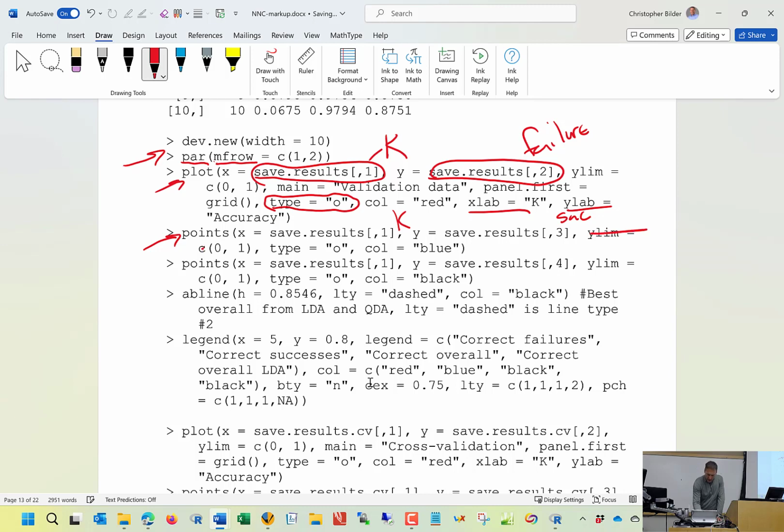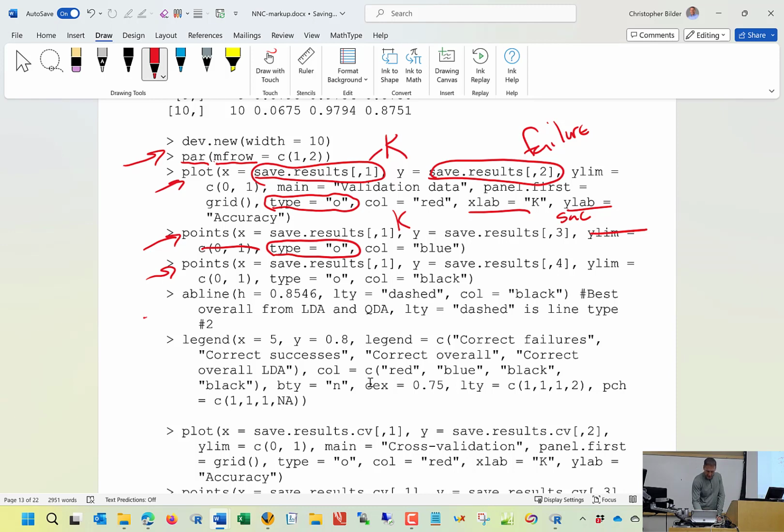Actually, I didn't need that y-axis limit. I do need, though, type equal O, which plots the points, which makes sense for a points function, but also plots lines connecting everything. And then color equal blue. I do a similar thing for the overall correct classification rate, where I use black as the color.